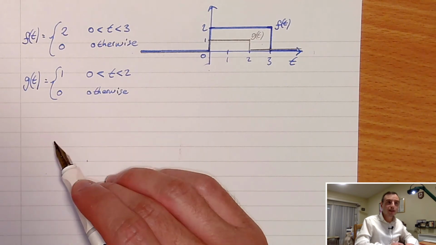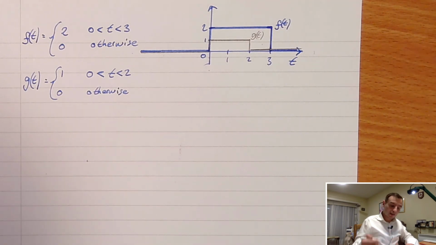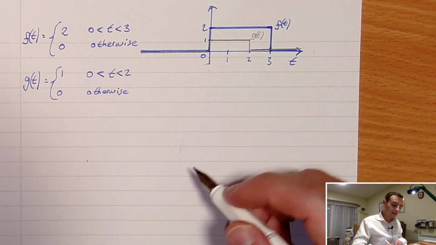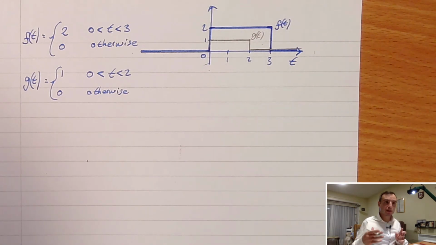So what we're really looking for is a convolution function that describes the magnitude of the area of overlap between those two functions as g of t is swept across f of t for all values of t. So the approach involves going back to how we come up with a convolution function.